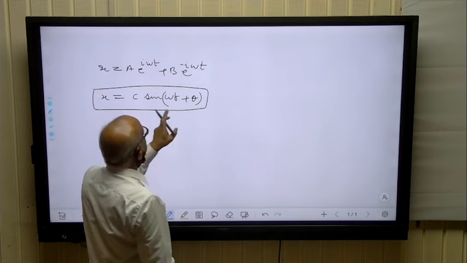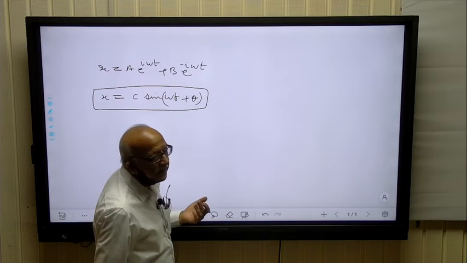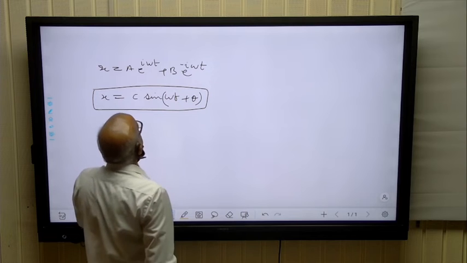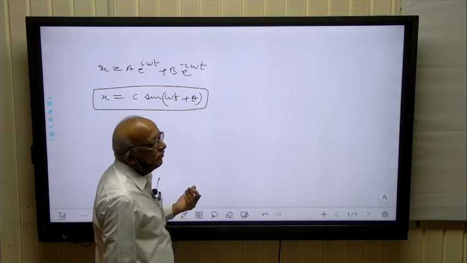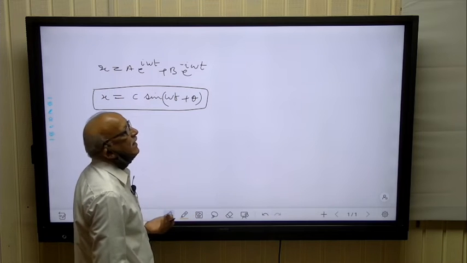x is equal to C sin omega t plus theta, where theta is called the initial phase angle, meaning at time t equal to 0, what is the position of the particle.